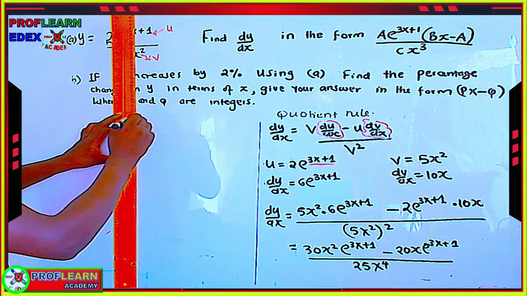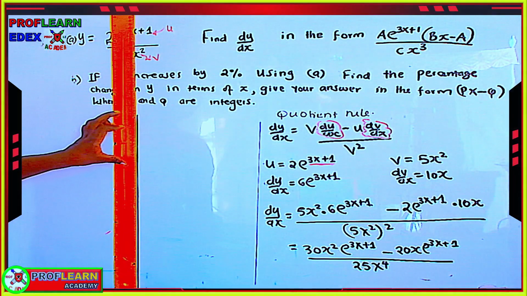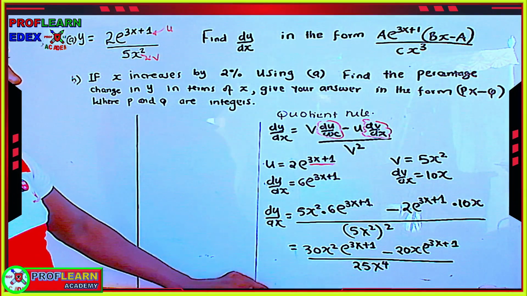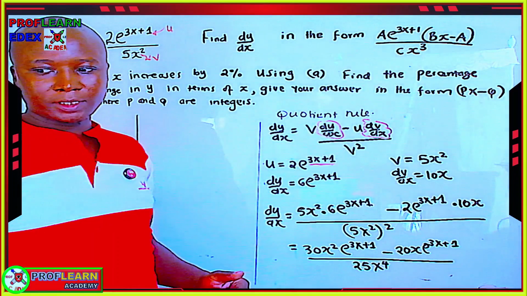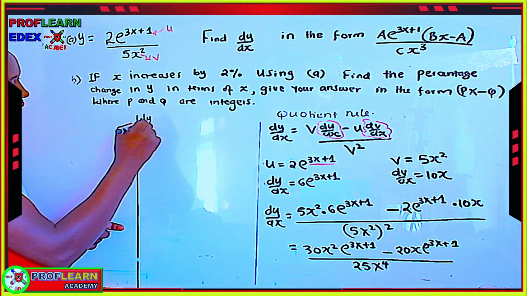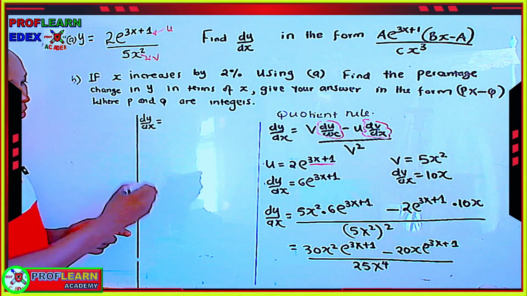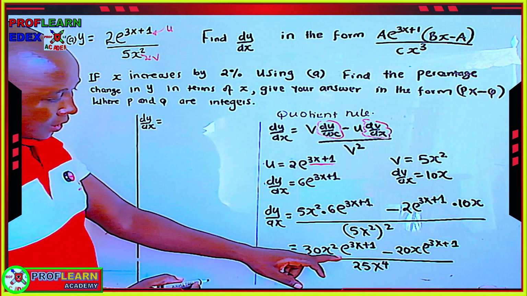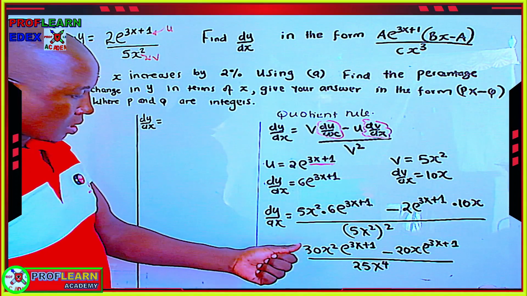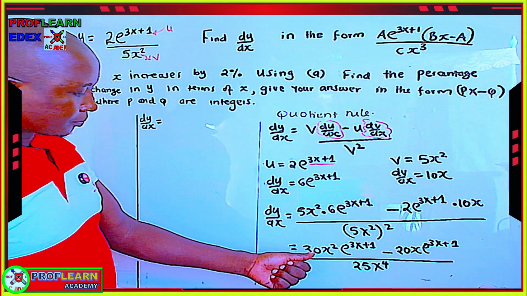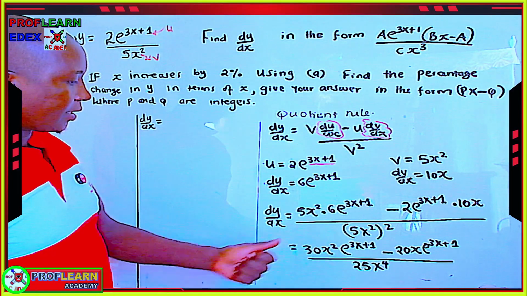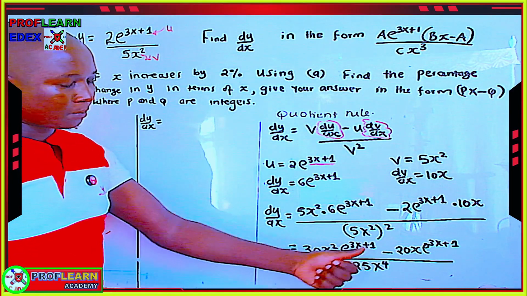So let me subdivide this so that we have enough space to work out this question. You can see in our question here, we are told to leave our answer in this particular format. So therefore, our dy/dx is going to be equal to what? We can factor out 10x and e^(3x+1).